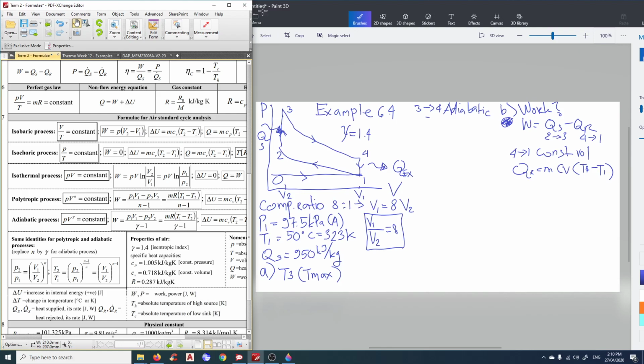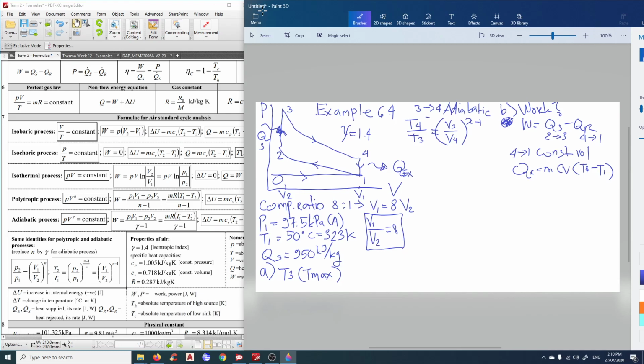So T4 over T3 equals V3 over V4 to the power gamma minus 1. Now we know T3, we calculated that.